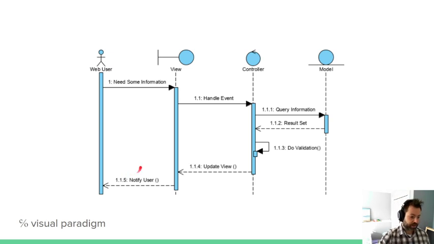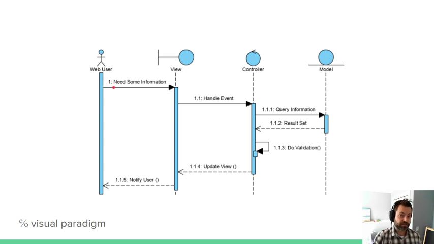So let's look at a couple of sequence diagrams here. We haven't looked at these in a while. Hopefully you remember how these all work, but we've got a user, we've got some actors here: your view, controller, and your model. And this would be some kind of an information retrieval process. So we start up here at the top left. Web user needs some information.